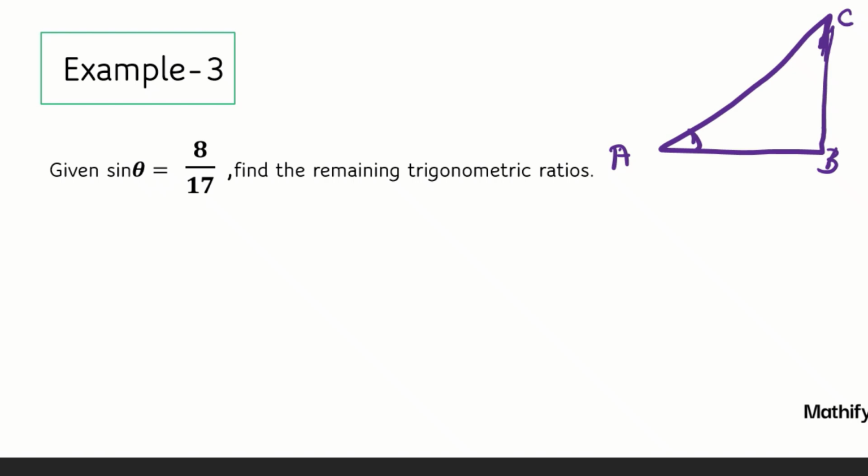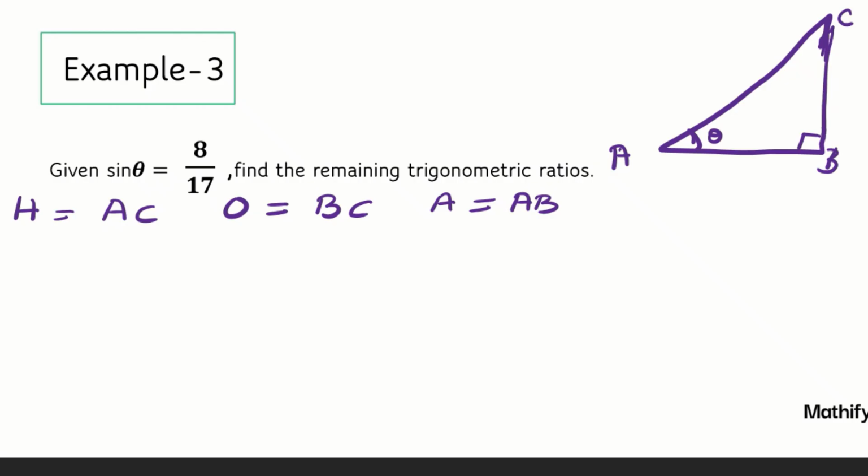The hypotenuse is AC, the side opposite to angle theta is BC, and the adjacent side is AB. Am I clear? This angle is 90 degrees.